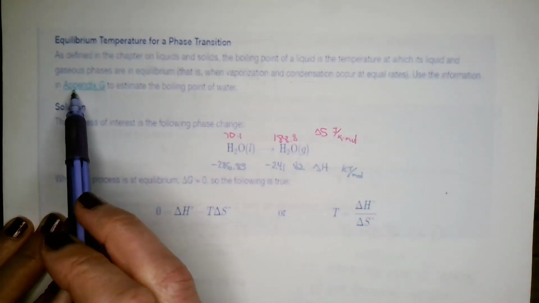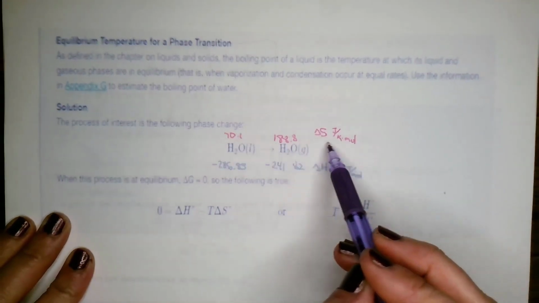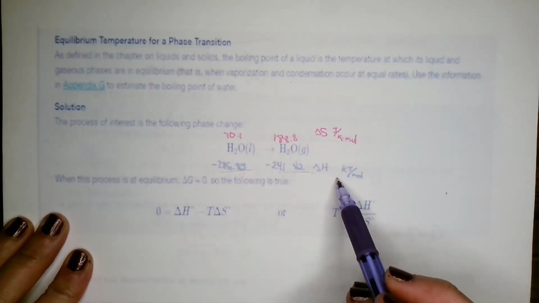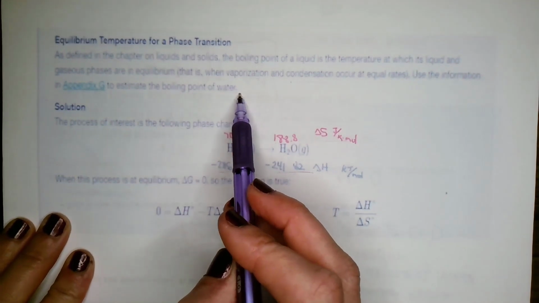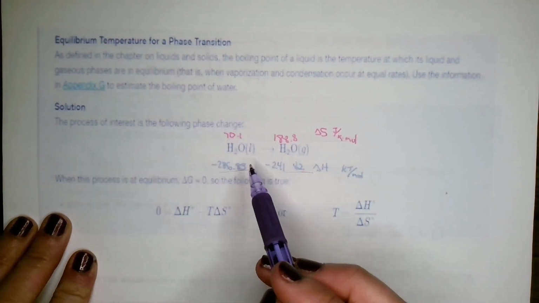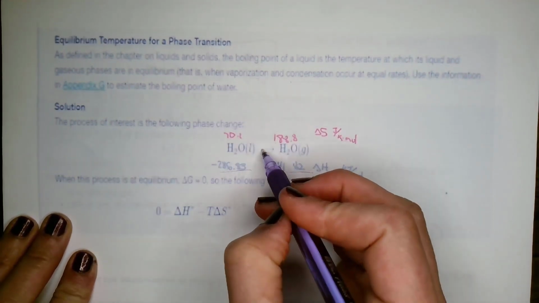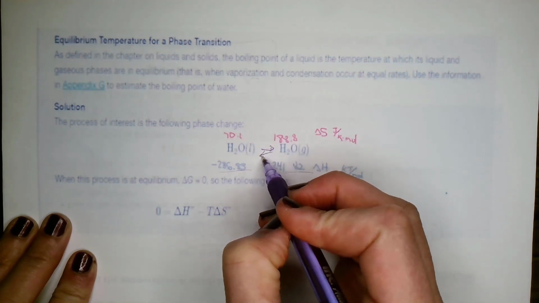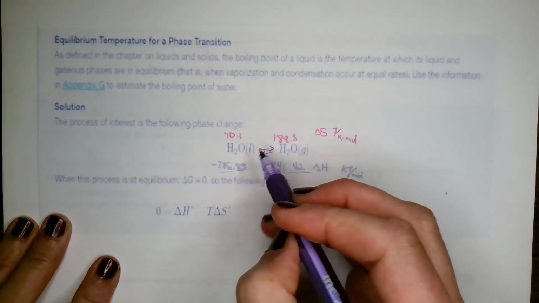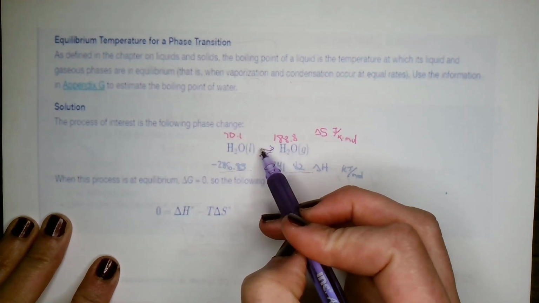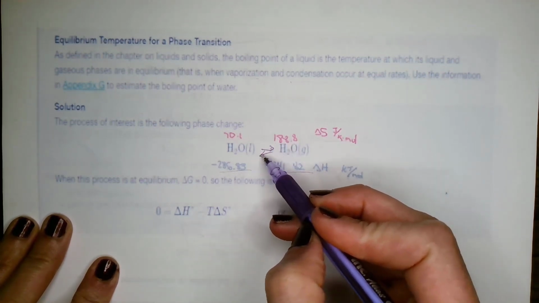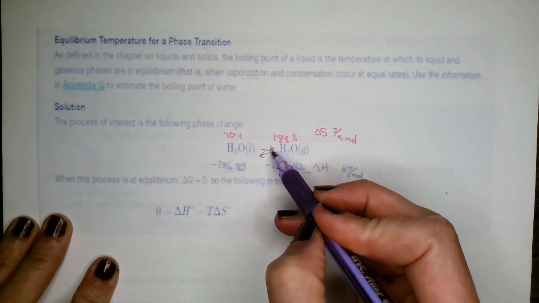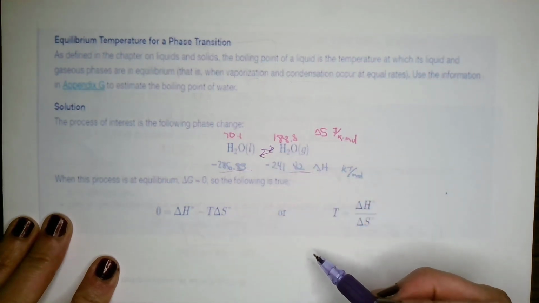Use this information and Appendix G, the thermodynamic values, to estimate the boiling point of water. So we have liquid water in dynamic equilibrium with gaseous water. That's telling us that liquid water is turning into gaseous water and gaseous water is turning into liquid water at the same rate in equilibrium.